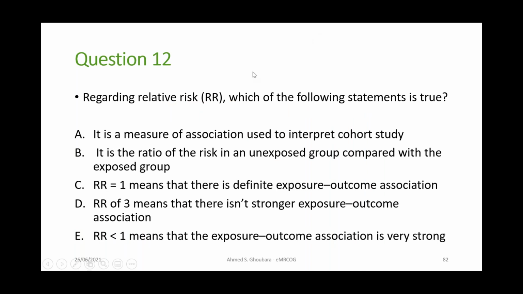Thank you. So regarding the relative risk, now we're talking about the measures of association. Could you please, guys, mute your mics? I will wait 10 seconds. There's so much echo around.